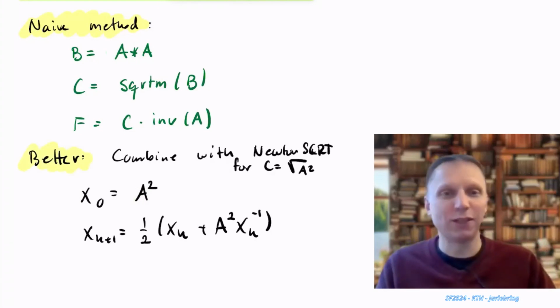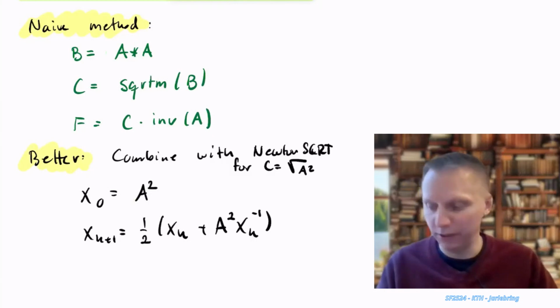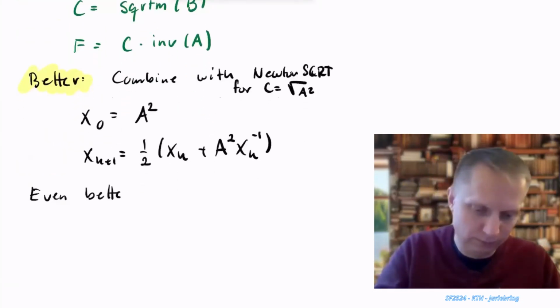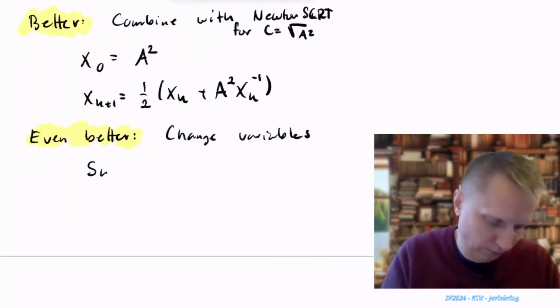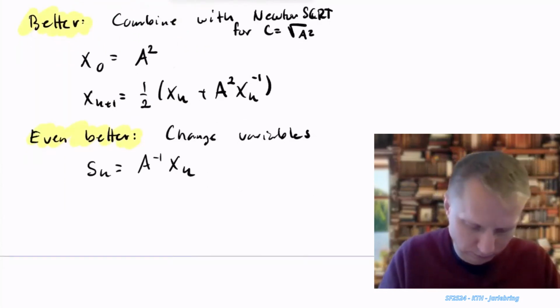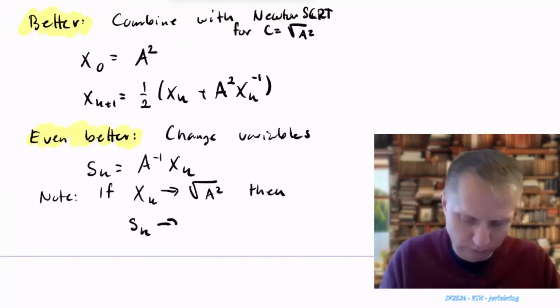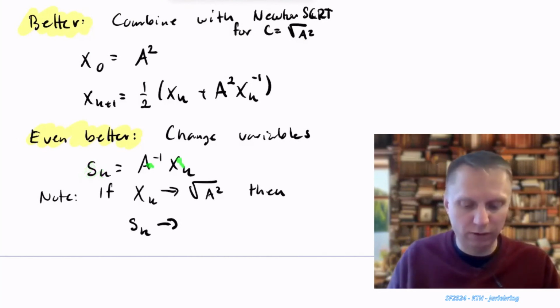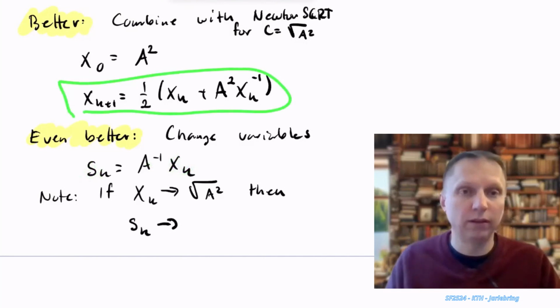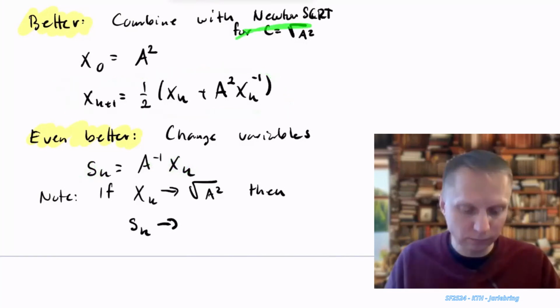It turns out that you can do even better by doing a change of variables. We define the variable S, which is A inverse times the X variable, which is the iterate for Newton's method.